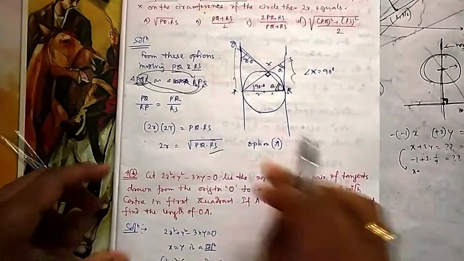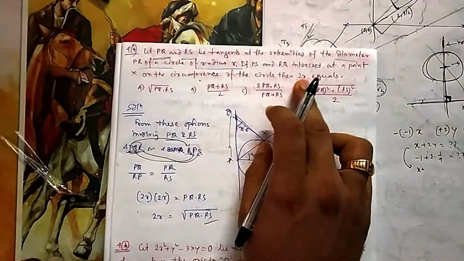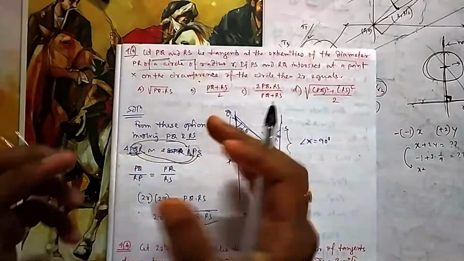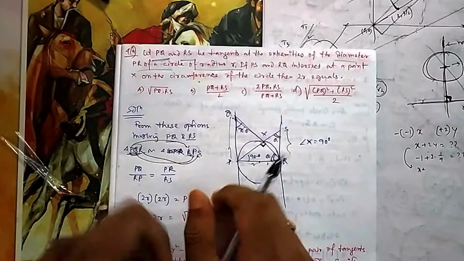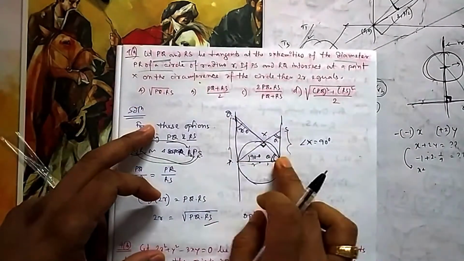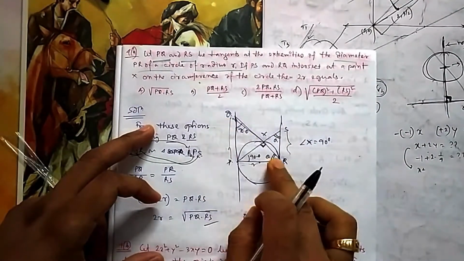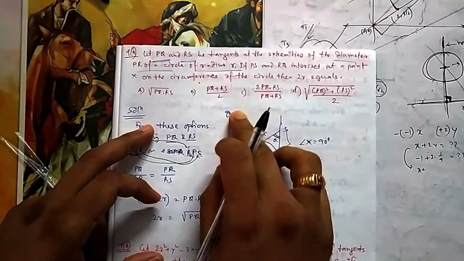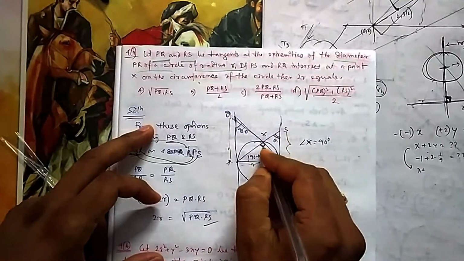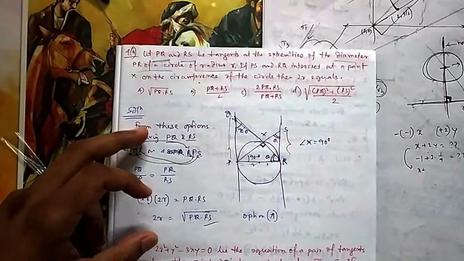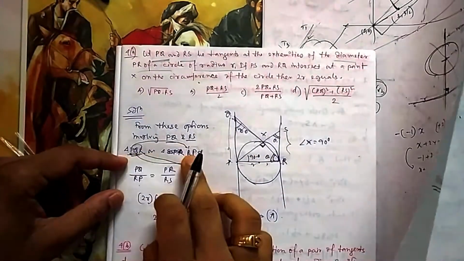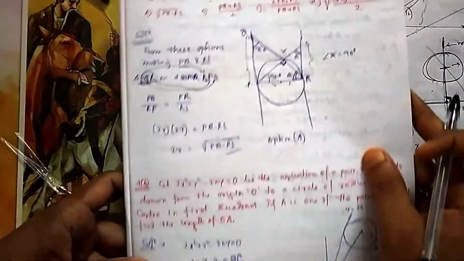It's a simple one, but you have to catch. From the options you have to see what they are asking, and between which the relation has to be established. From the options you can see these and these. So you can find something. So what is common here? These two triangles are similar triangles. Once you draw 90, then you can see all these angles are equal. Just you have to be careful which one is equivalent to which one while writing similarities.